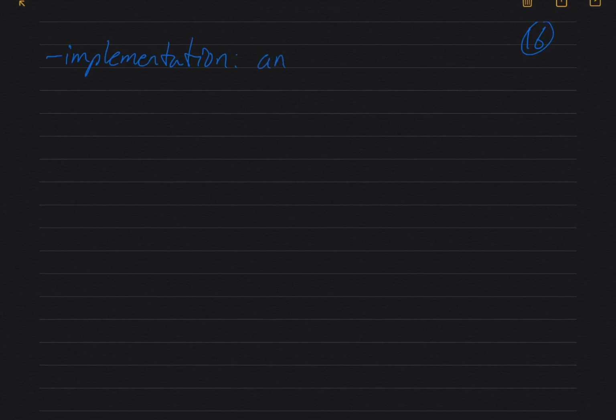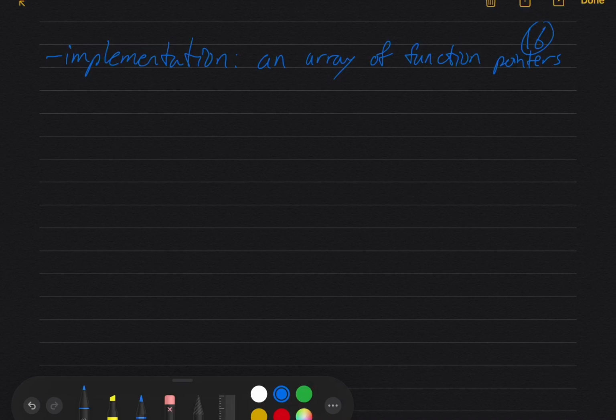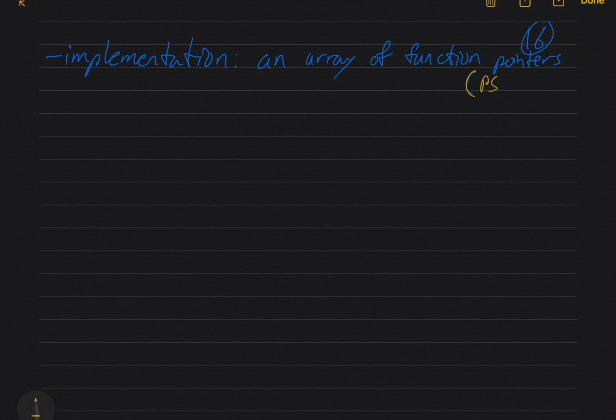So an array of function pointers, and you're going to see this in problem set 4.